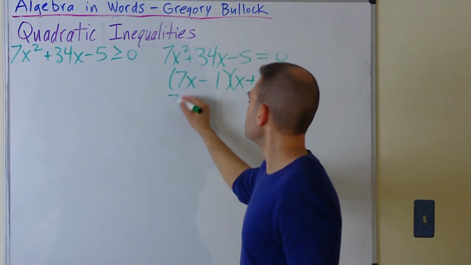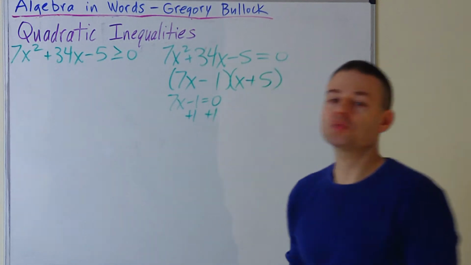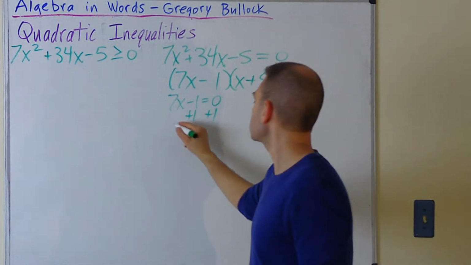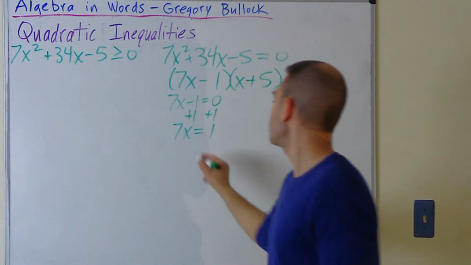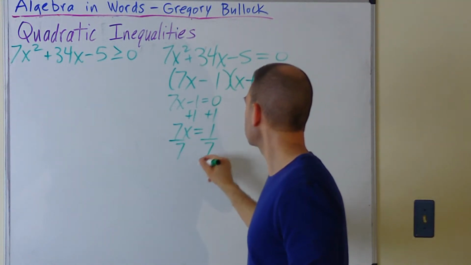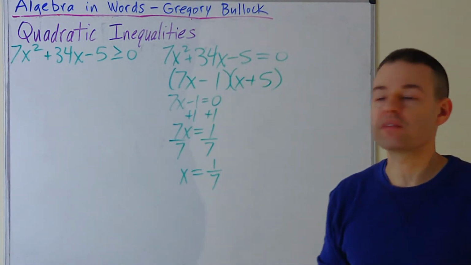So set this equal to 0: 7x minus 1 equals 0, so 7x equals 1. Divide both sides by coefficient 7, and we get x equals 1/7.